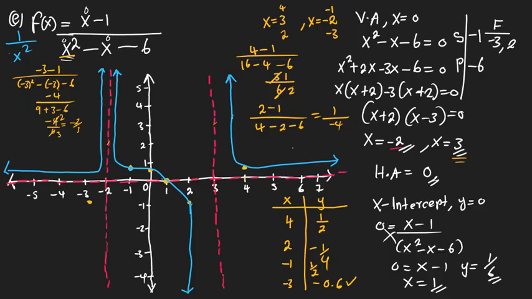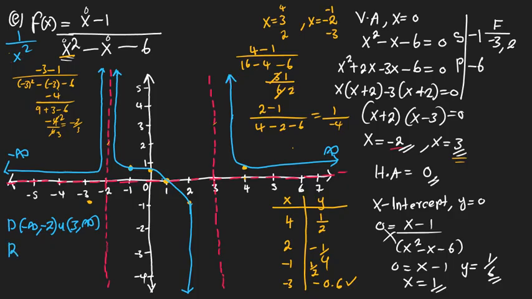What is your domain and your range? It's the same thing. The domain will be coming from negative infinity to negative 2, union 3 to positive infinity.